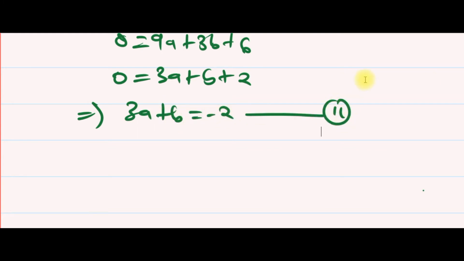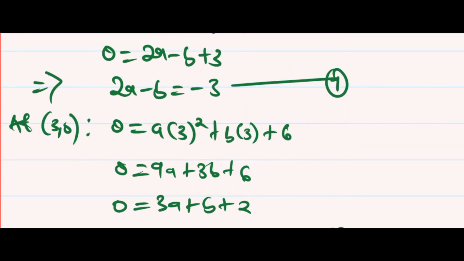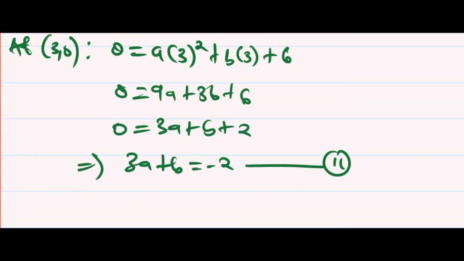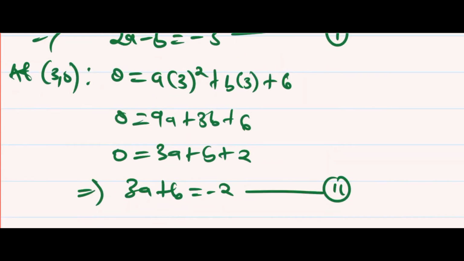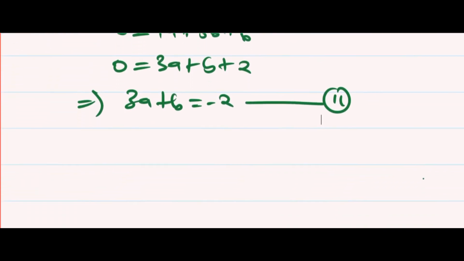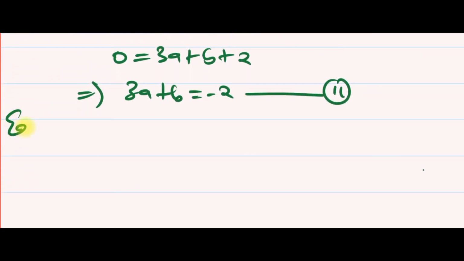That's equation 2. So we are solving equation 1, which is 2a minus b equals minus 3, and equation 2, 3a plus b equals minus 2, simultaneously. Adding equation 1 and 2 is the only way I will eliminate one of the variables.